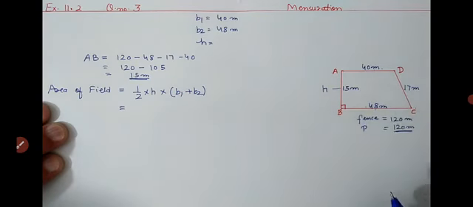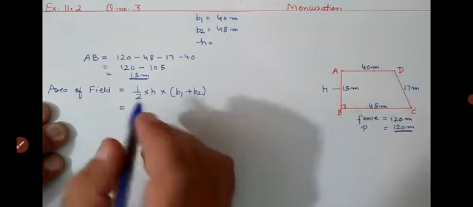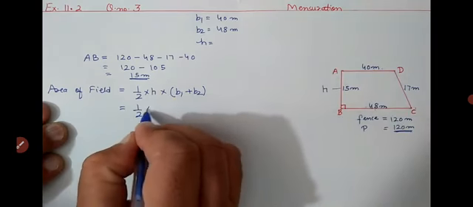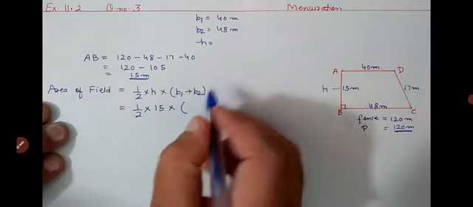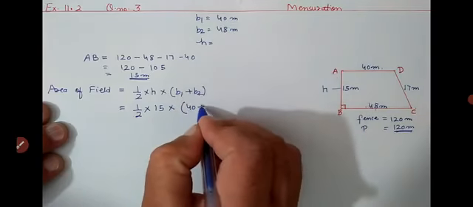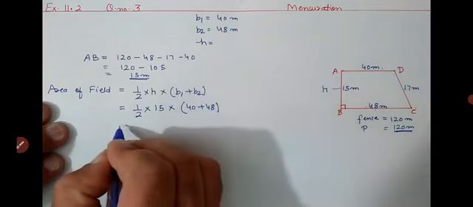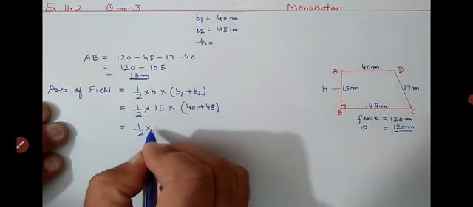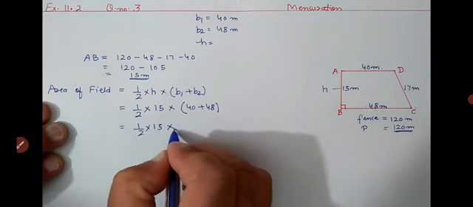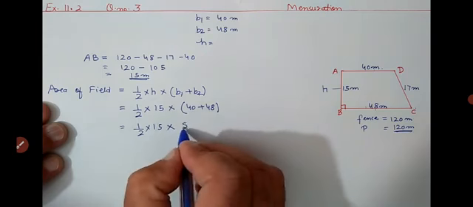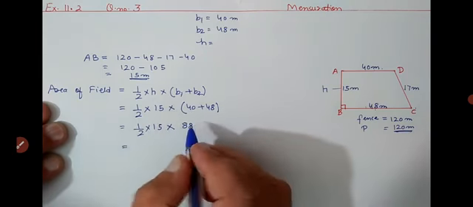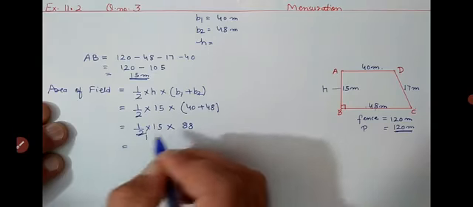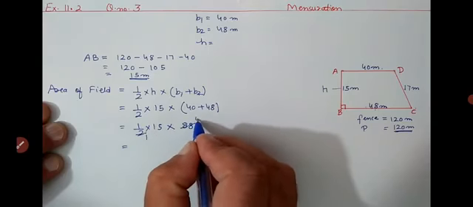Now you can easily find the area of the field, which means the area of the trapezium, 1 by 2 into 15 into 40 plus 48. 40 plus 48 is 88. 2 ones are 2, 2 fours are 8 and 2 fours are 8.